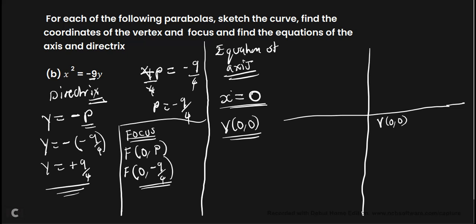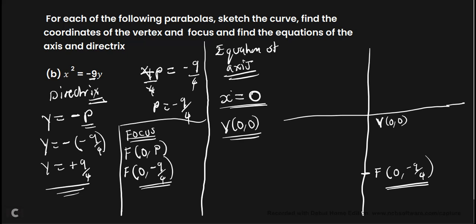So if you divide there, it will be negative 2.25, right? So meaning that it will be somewhere around this 2, right? So this is your focus, 0, negative 9 over 4.